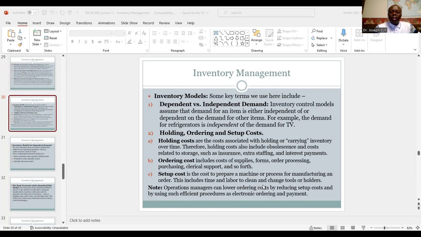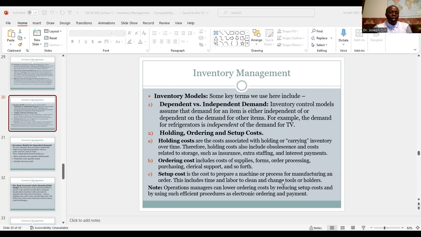So operations managers can figure out a way to lower the ordering cost by reducing things like the setup costs and by using efficient procedures such as electronic ordering and payment systems.